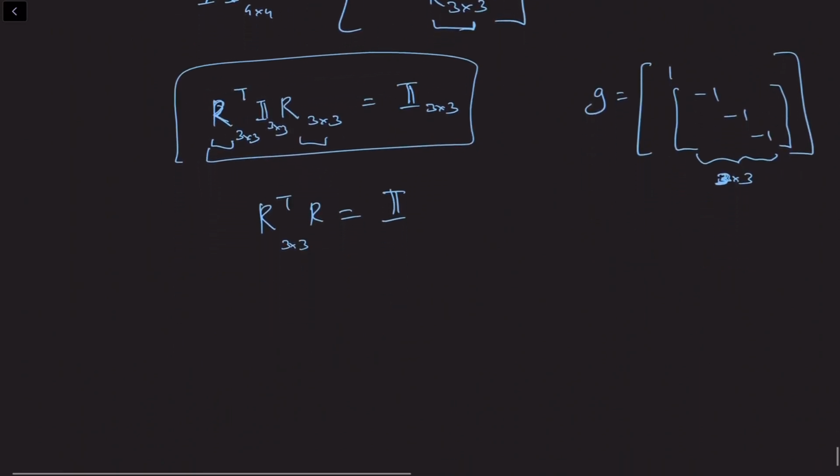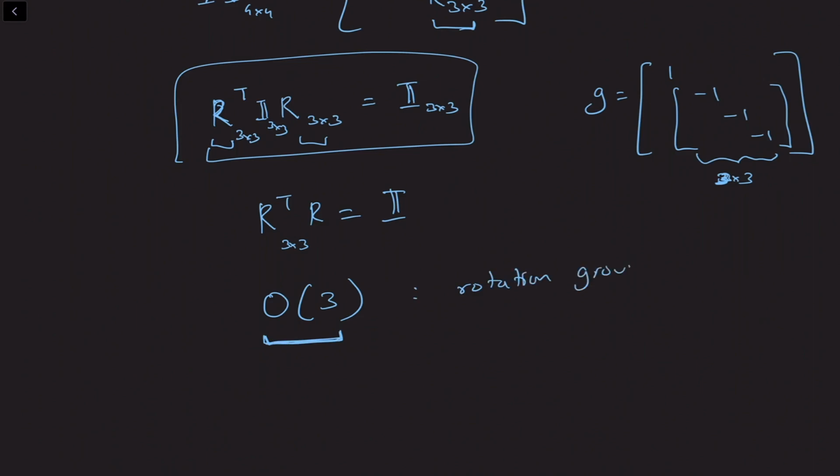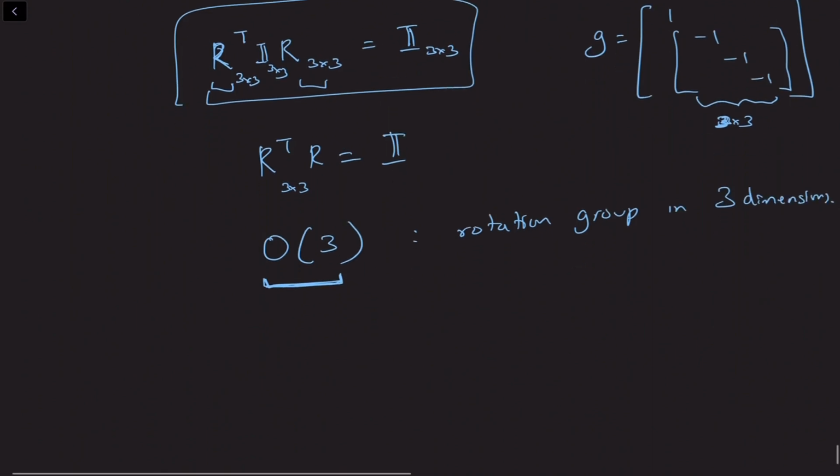So these belong to the group called O3, the orthogonal 3x3 matrices, which is the rotation group in 3 dimensions. And again, this group also includes the parity operation, which is a flip of all my spatial axes.